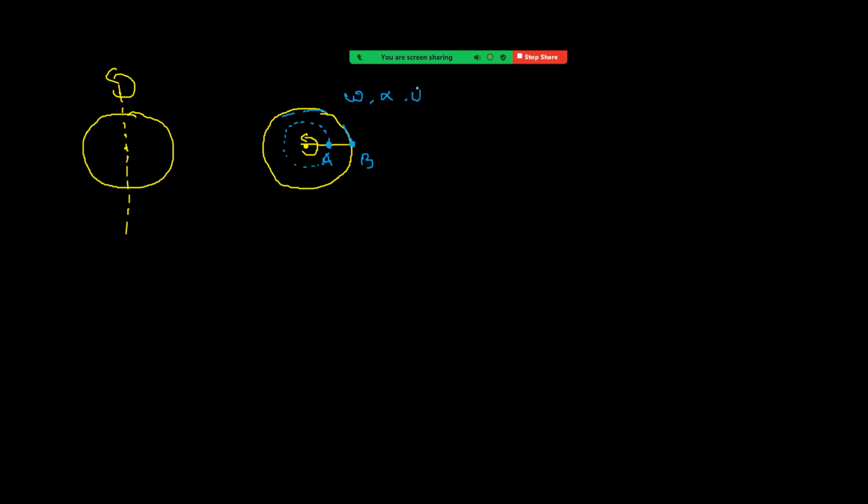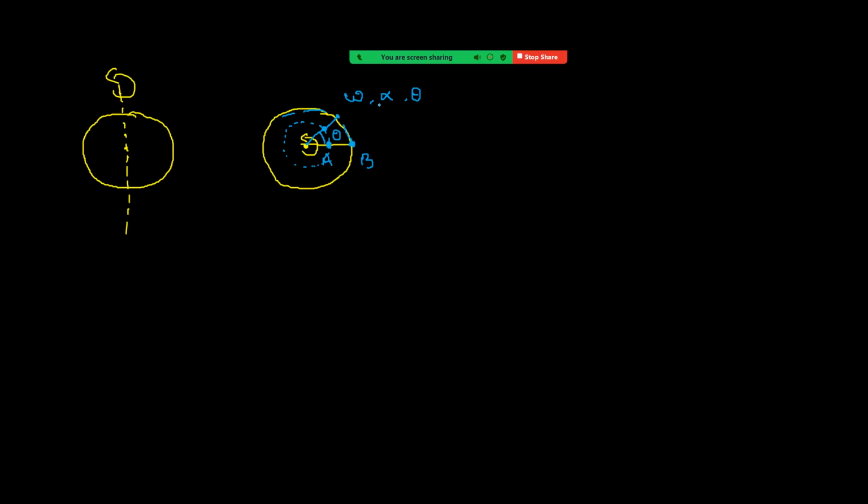And if you take angular displacement, suppose at one instant this line is like this, this is A and this is B. The line joining the center and A, and the line joining the center and B, cover the same angle in the same time interval. That means all points cover the same angular displacement, with the same omega value and the same alpha value.